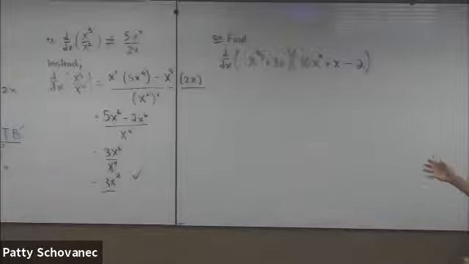I've given you a product, and if we wanted to, we could multiply it out and we would get 6 terms added together, and take the derivative term by term. But we now have the option of leaving it as a product and using the product rule, and that's what I'd rather do.